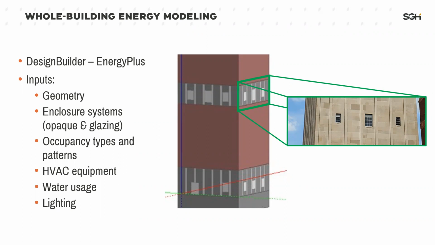And we also modeled HVAC equipment, which was another interesting scavenger hunt, trying to figure out how this building's HVAC was designed. There were several renovation projects for the HVAC over the decades. So we did a lot of tracking down to try to model the HVAC systems accurately in Design Builder. And you can also model water usage and lighting, but for this project, those would remain the same across all 3 models.